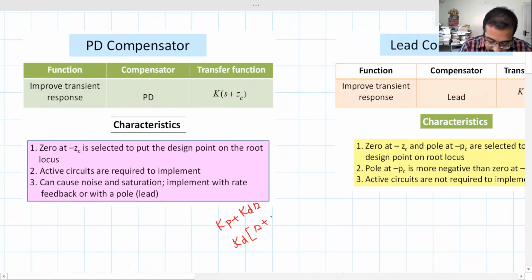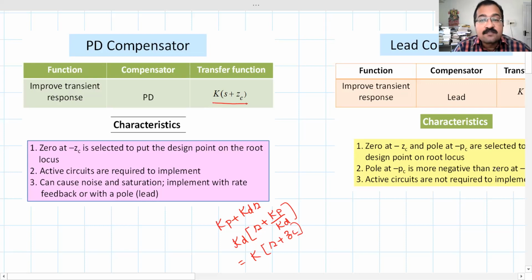Kd into S plus Kp by Kd, where Kp is the proportional gain and Kd is the derivative gain. So this can be written as some constant K into S plus ZC, where ZC represents the zero of the PD compensator.